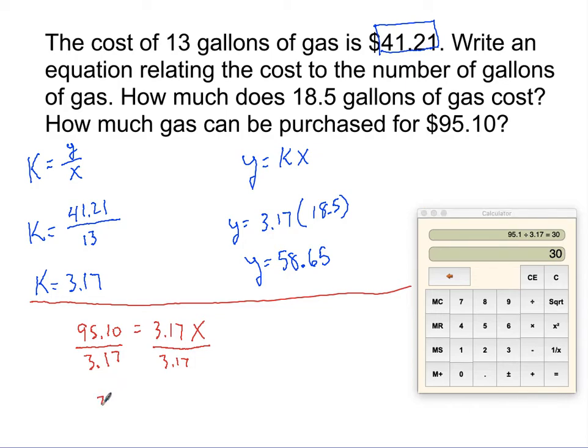Okay, so 30 equals X. And that would be 30 gallons of gas, right? So we can get 30 gallons of gas for $95.10. All right, so we can use this equation to figure out either the Y or the X value if we have the constant of proportionality. So don't be tripped up by that. Don't always just plug your number into this variable and think all you have to do is multiply. Sometimes you have to plug it in for Y and then divide, okay?